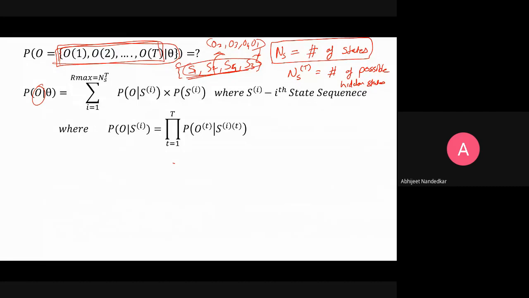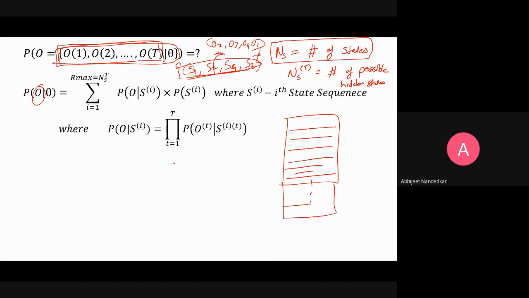Okay, so you can imagine something like this. Say this is my one sequence, this is another sequence, this is the third sequence, and so on. How many such sequences can I generate out of the ns given? Say ns is the total number of hidden states. Then it is ns to the power t, since I am generating a sequence of length t.